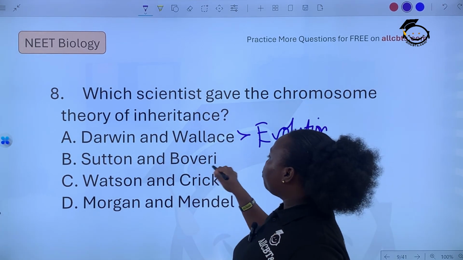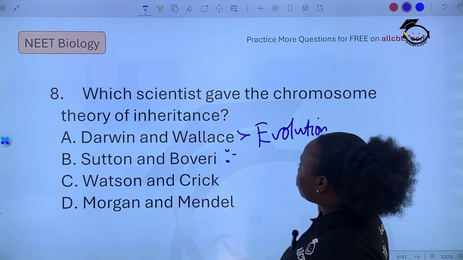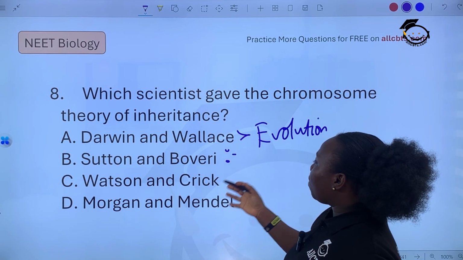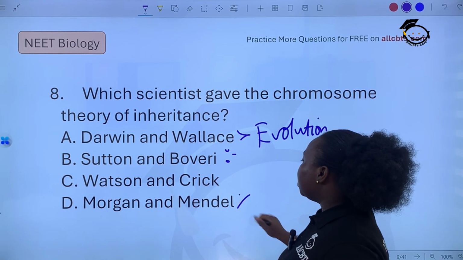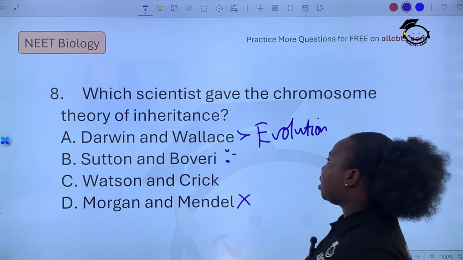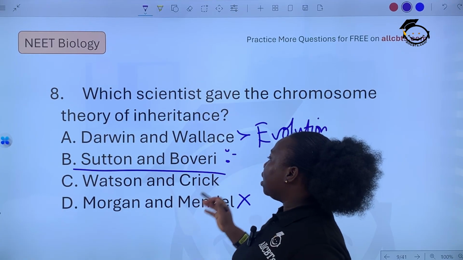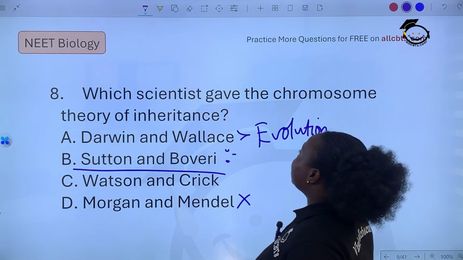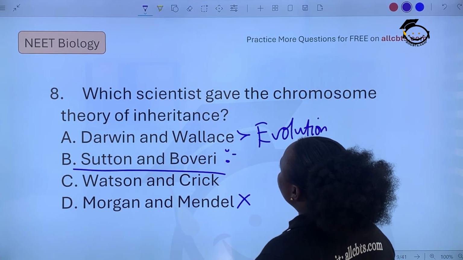Now Sutton and Boveri, they are the ones that gave us the chromosome theory of inheritance. Watson and Crick also. Morgan and Mendel. Now Morgan and Mendel, they did not actually work together. So this narrows our answer to option B, Sutton and Boveri. They are the ones that came up with the theory of chromosomes of inheritance.